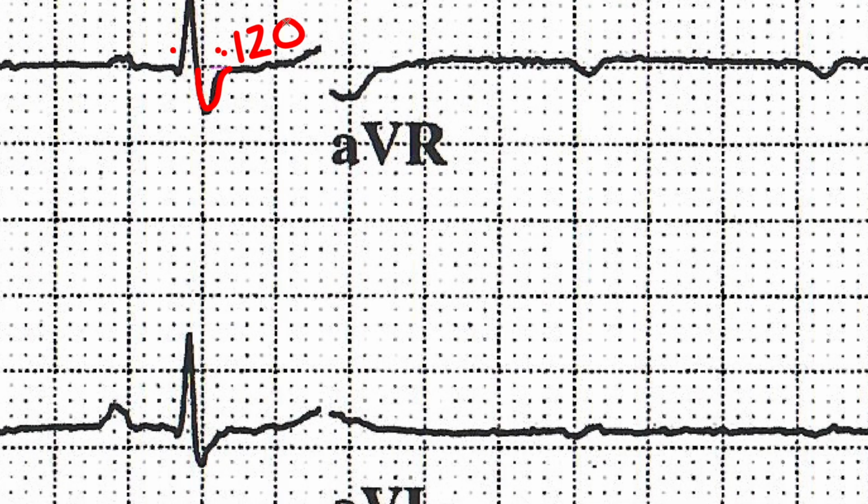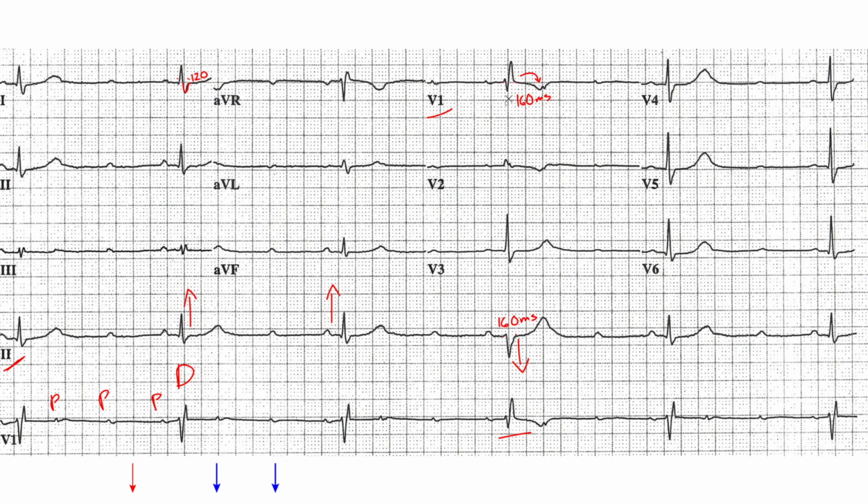So even though this beat and this beat are not the same beats, here it's telling us that there is an intraventricular conduction delay, and here it's telling us that that intraventricular conduction delay that looks like a right bundle branch block has occurred completely over here.